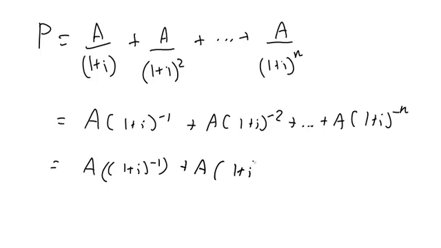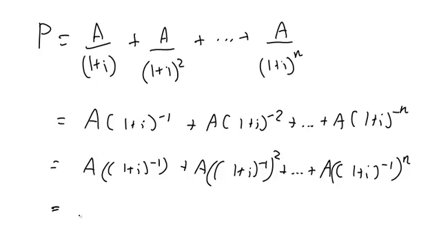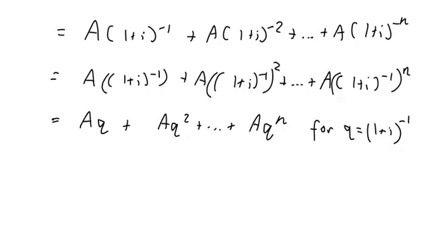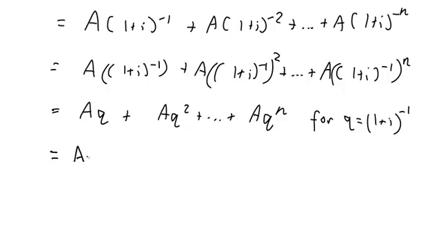A times q plus a times q squared plus a times q to the n, for q equals 1 plus i to the minus 1. Okay, so it doesn't look quite like what we need. They've all got an a, so I'll bring that out. Equals a times q plus q squared plus q to the n.